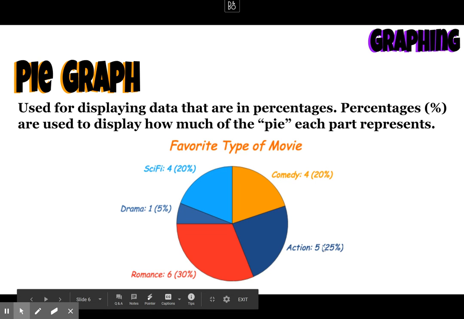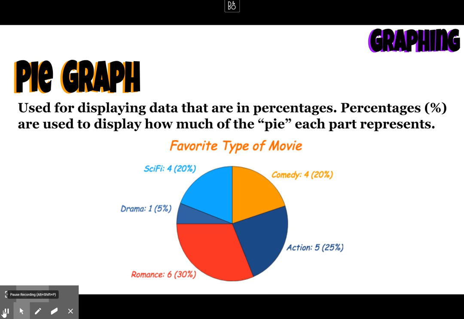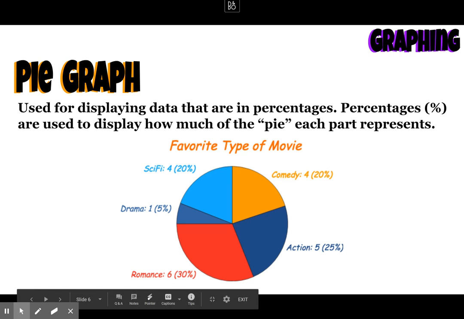So for action, it was 5 out of the 20. And so that's 25%. And for comedy, you can see that 4 of the 20 people, that was their favorite, so that's 20%. In sci-fi, that was another 20%. Drama, that was 5%. And romance was 30%.